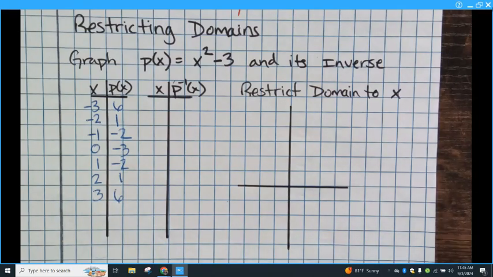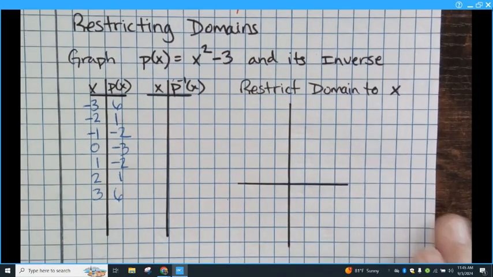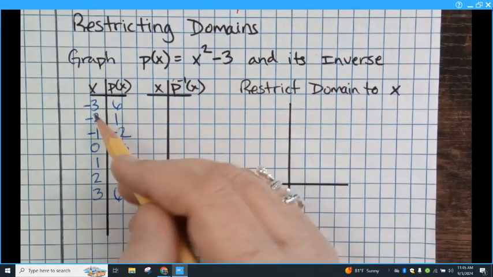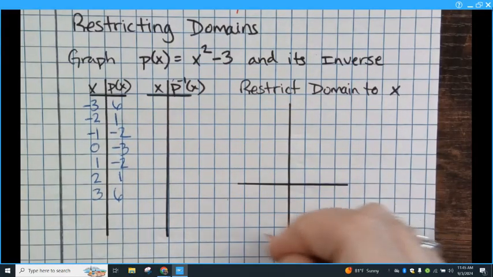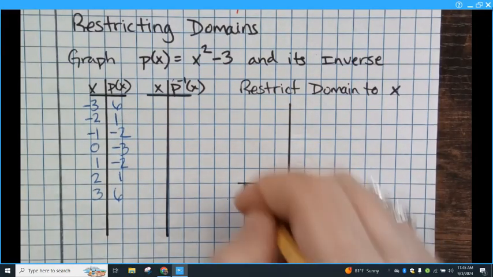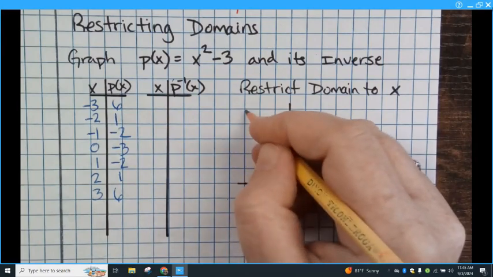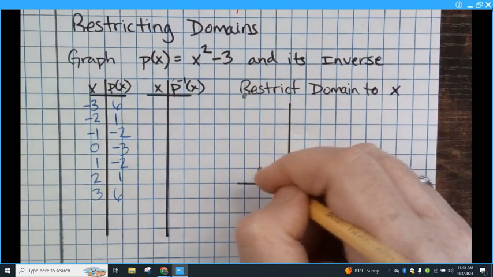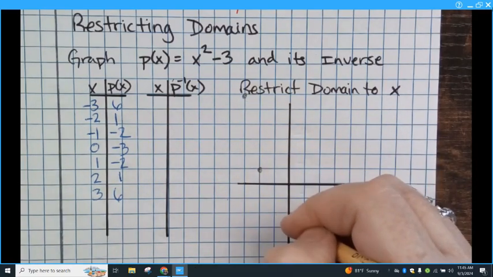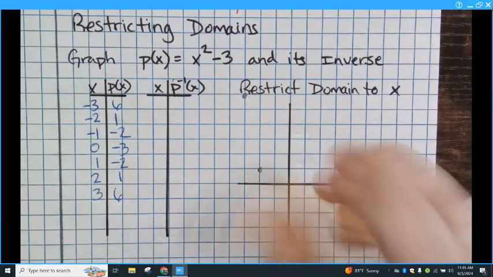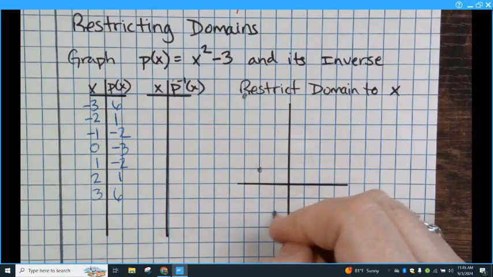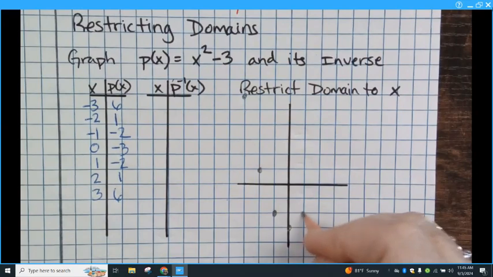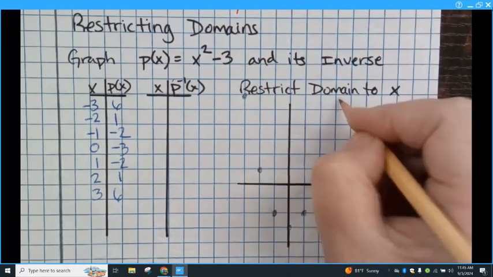Now, I'm going to graph this. So we've got -3, 6. So -3, 1, 2, 3, up 6, 1, 2, 3, 4, 5, 6. Then -2, 1, -1, -2, 0, -3, 1, -2, 2, 1, and 3, 6.